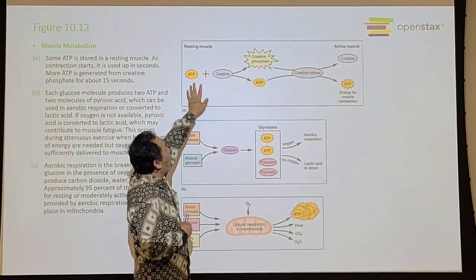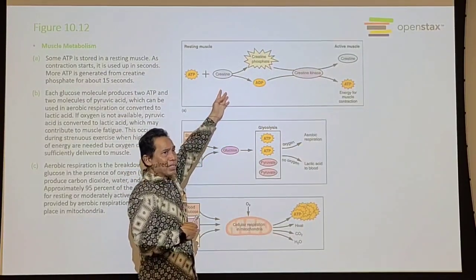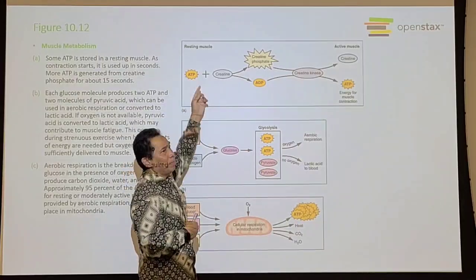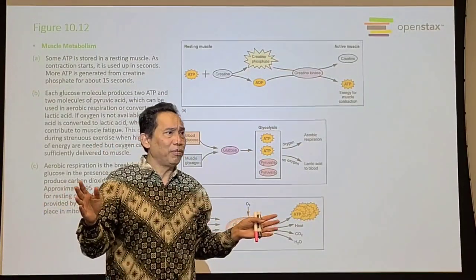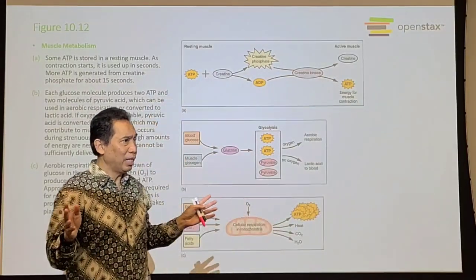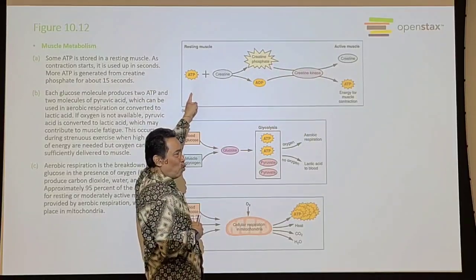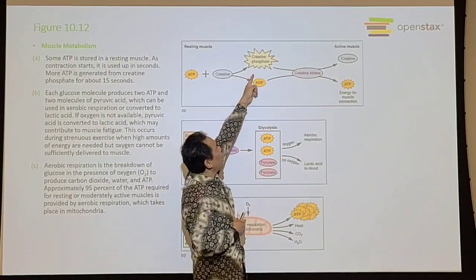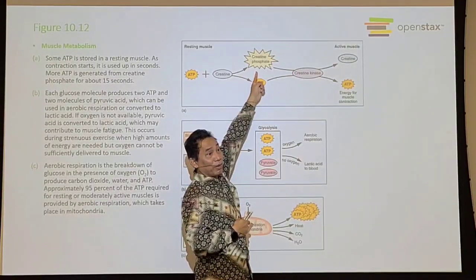Now, that's the normal process. But basically, in our muscle cell, during relaxation, our muscle cell actually stores a little bit of ATP. So we have some ATP available in the muscle cell, even though we don't use it yet. Some of this available ATP will be stored in another type of chemical called creatine phosphate.